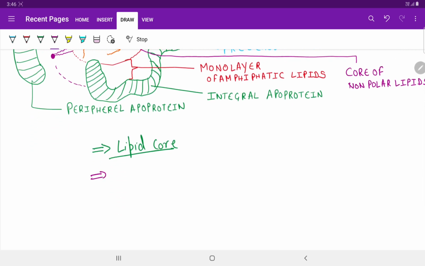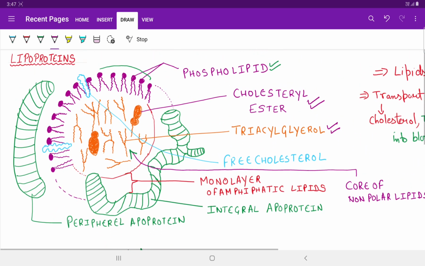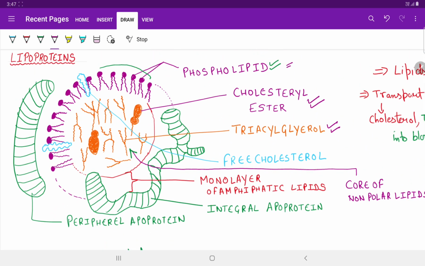So the outer coat contains the phospholipids, then the free cholesterol, and then the peripheral and integral lipoproteins.